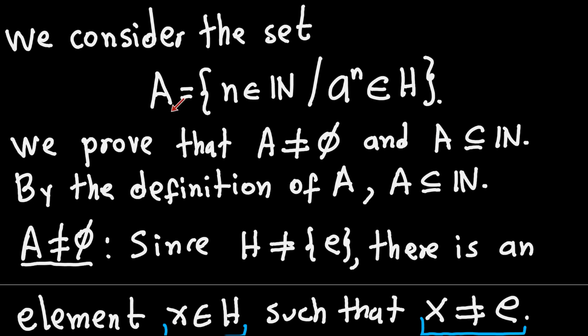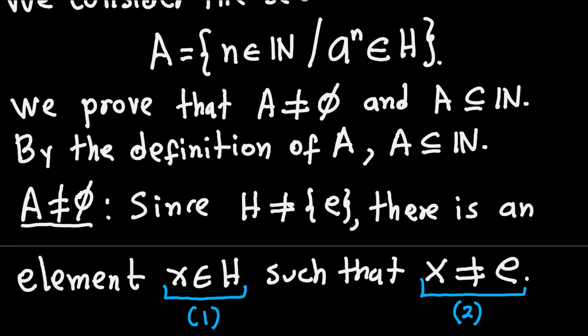Because if you look at the definition, A is made out of elements in N that have this property. So in particular, the elements of A are all elements in N. So it is easy to see that A is a subset of N, and we don't have to do much to check that.